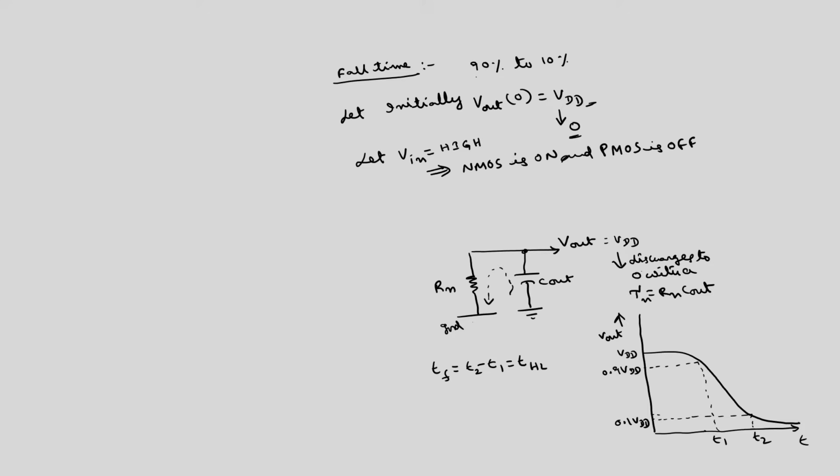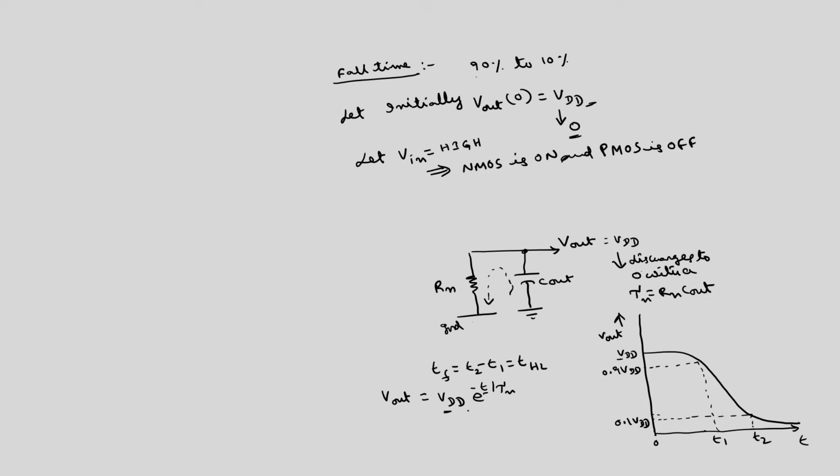So what will be the expression for this one? You can derive the expression in a similar way to that of the rise time. V out as a function of time is VDD times e raised to the power of minus t by tau n, because at t equal to 0, e raised to the power of 0 is 1, so it is VDD.